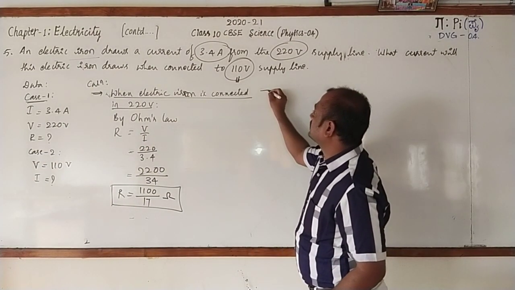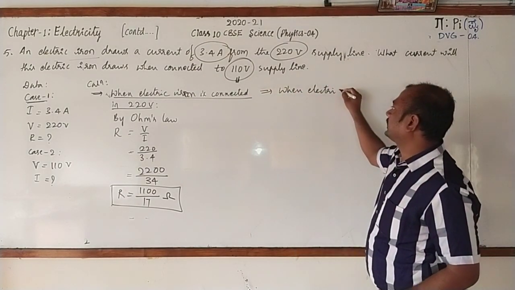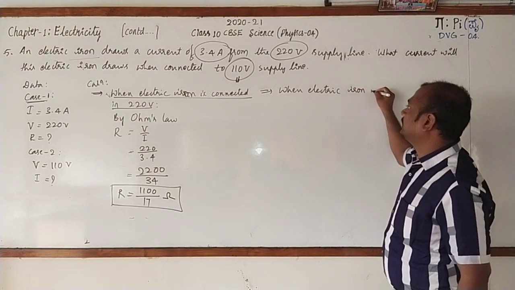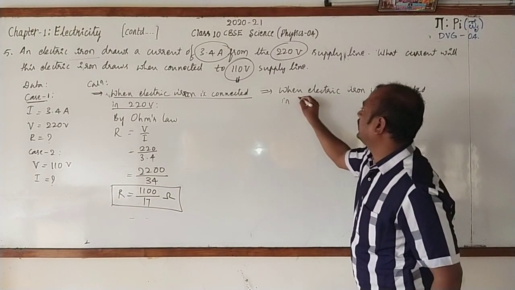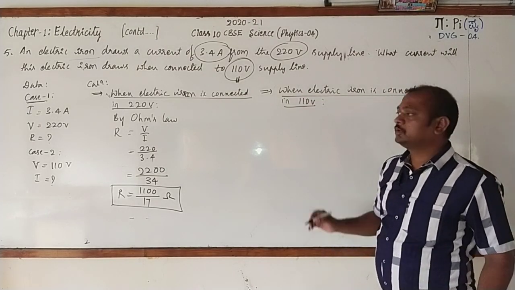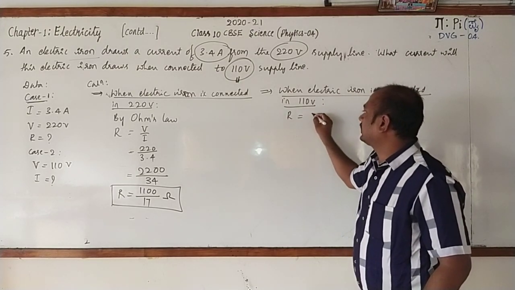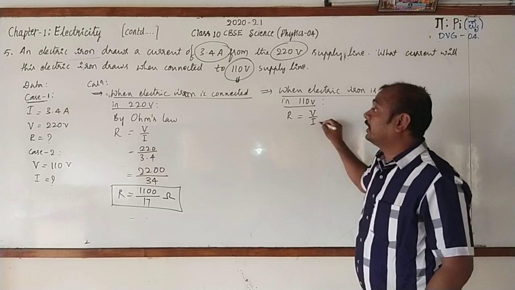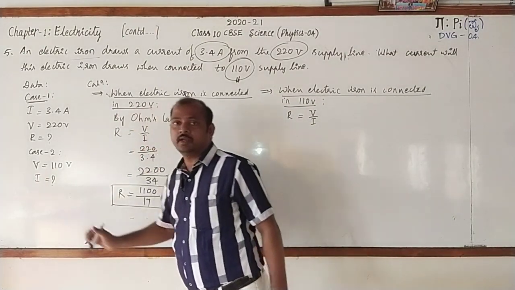Next, second case, that is when the electric iron is connected to the 110 volt supply. Yes, we have to use Ohm's law again. Now according to Ohm's law we can write R is equal to V by I. But what are we going to find out? You are going to find out current.